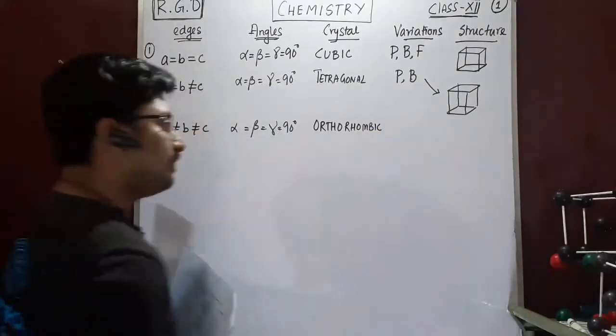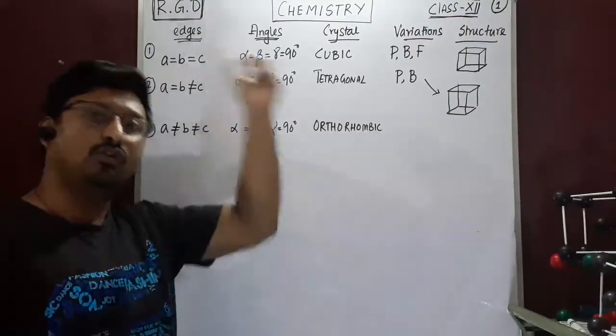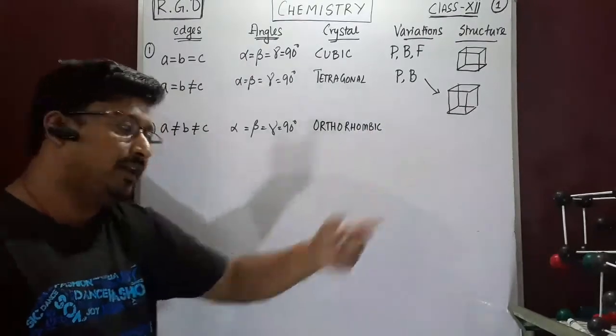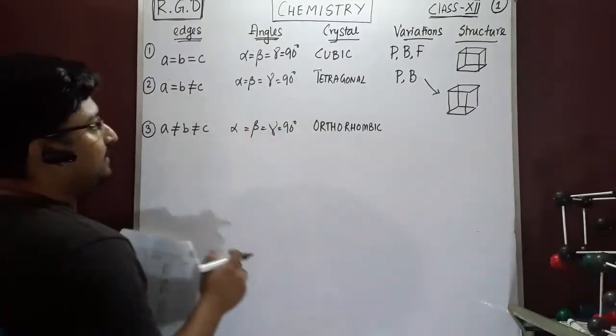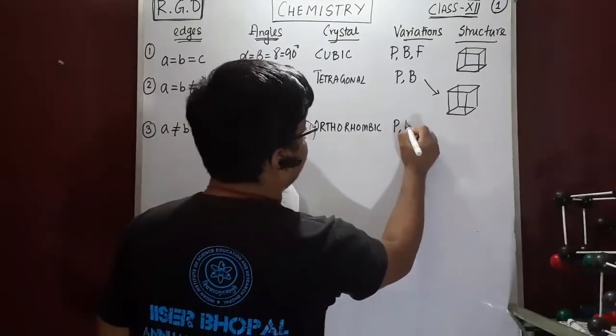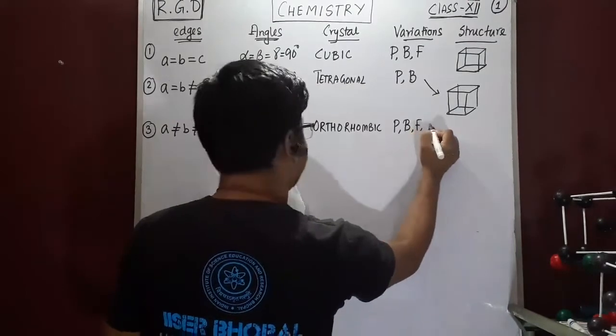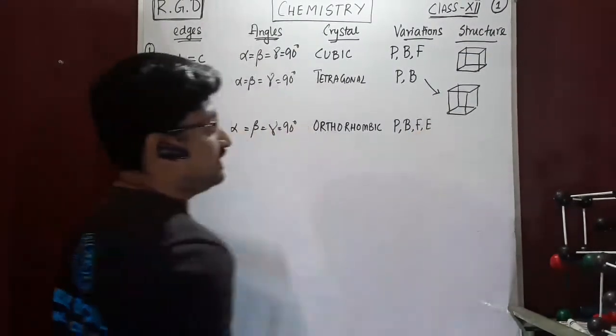Orthorhombic. See, rhombic, orthogonal. Orthorhombic. Orthogonal angle. Okay. So what kind of lattice can it attain? It can attain primitive. It can attain body centered. It can attain face centered, and it can attain end centered also.